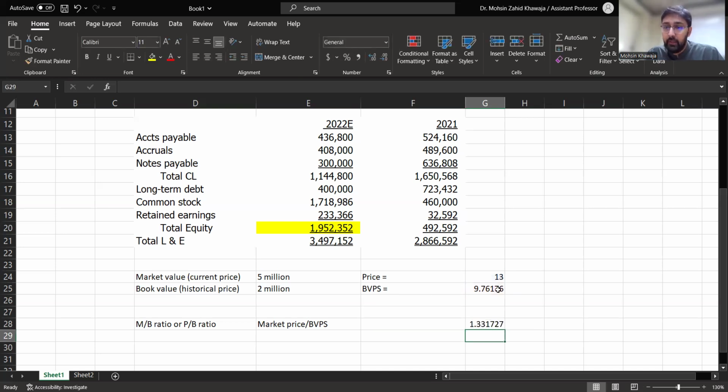So the next question is, is it a good thing for a company to have a very high market to book or a price to book ratio, or should it be a very small number? Your slides say that the higher the better. That is from the perspective of the company. The company would be very happy if the market price rises while the book price remains low.